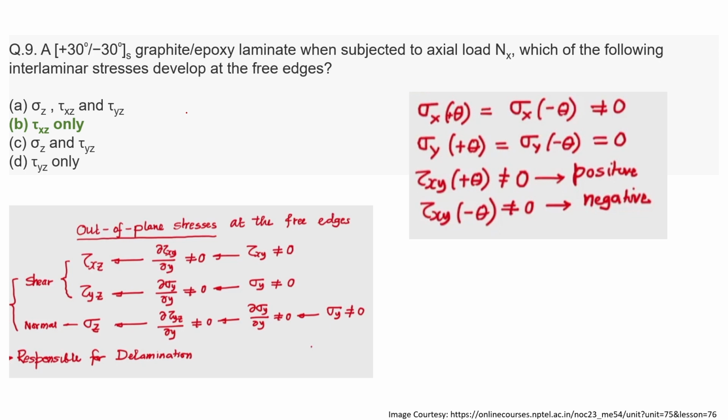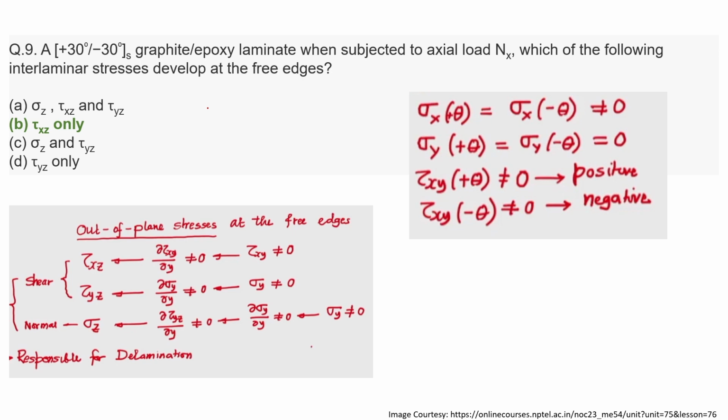As I already discussed for plus 45 minus 45, here again both plus and minus of some angle theta are given to us, and the load Nx is given. We will get the ABBD matrix; as there is no curvature and the laminate is symmetric, the B matrix will be equal to 0.